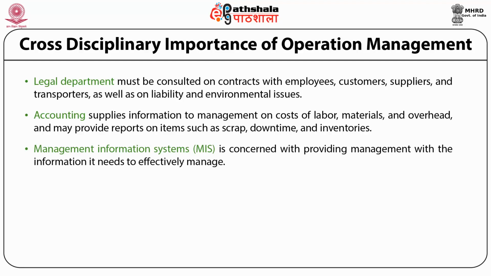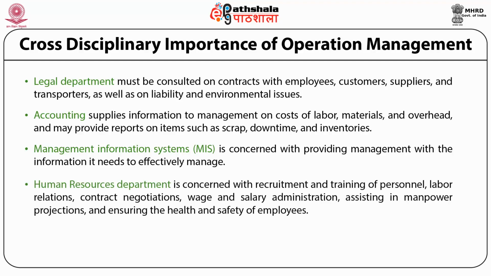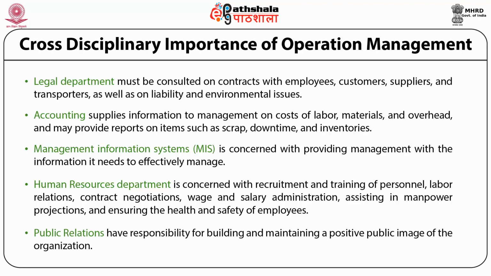Management information system is concerned with providing management with the information it needs for effective management. The human resource department is concerned with the recruitment and training of personnel, labor relations, contract negotiation, wage and salary administration, assisting in manpower projections, and ensuring the health and safety of employees. Public relations has responsibility for building and maintaining a positive public image of the organization.